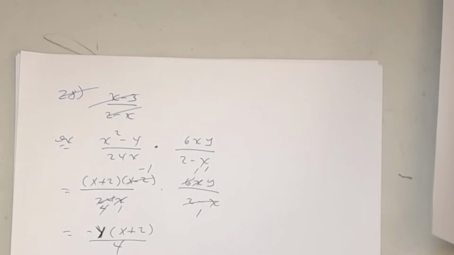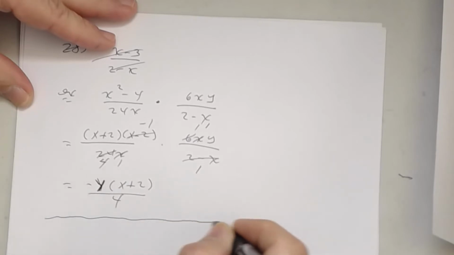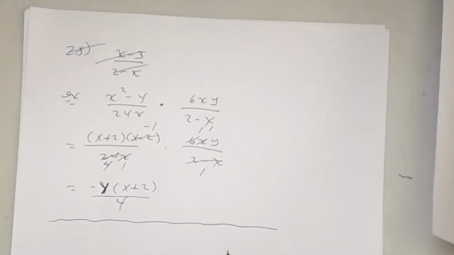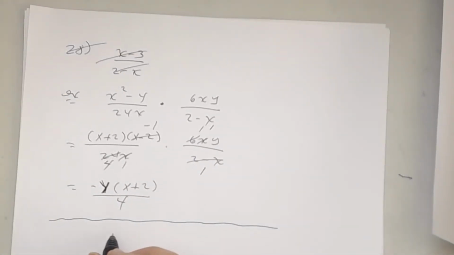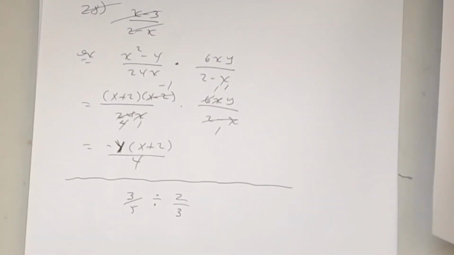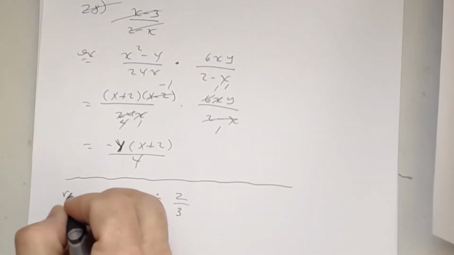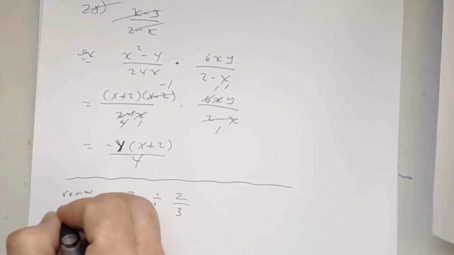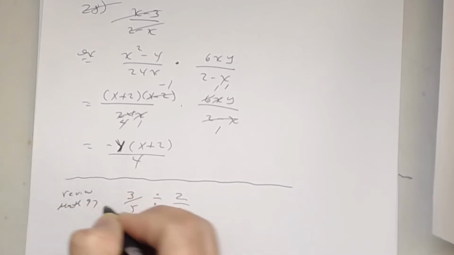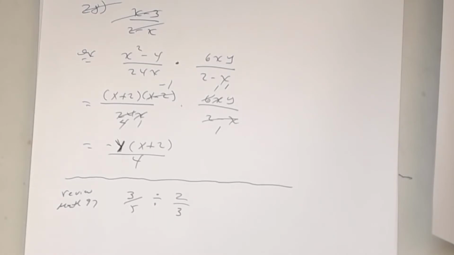Okay? Now, let's redo something about division. If you had 3/5 divided by 2/3. Now this is from Math 97. What did you do to divide these two fractions?